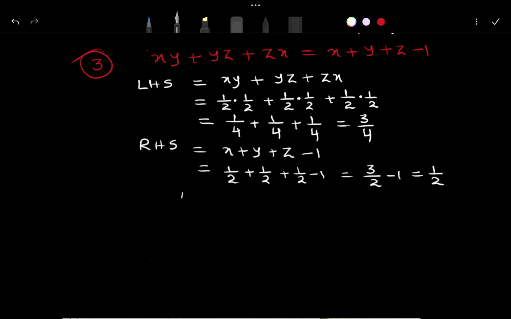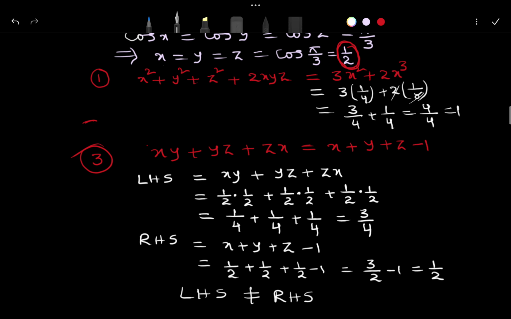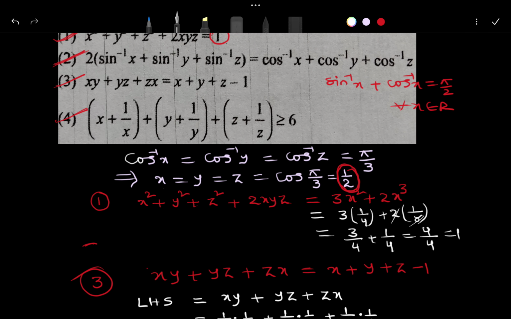So very clearly LHS is not equal to RHS. So what is our conclusion? Option 3 is the wrong answer. So here, what are the right options? Option 1, option 2, option 4 are the right options.